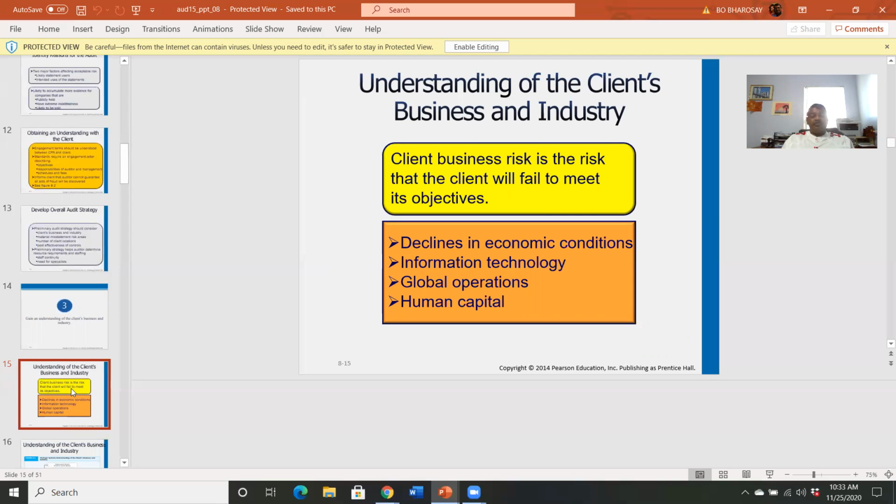What are some of the things that could affect this? Declining economic conditions. You are seeing that right now with COVID-19. If you take some of the stores on Jamaica Avenue, they're probably seeing a decline in sales.